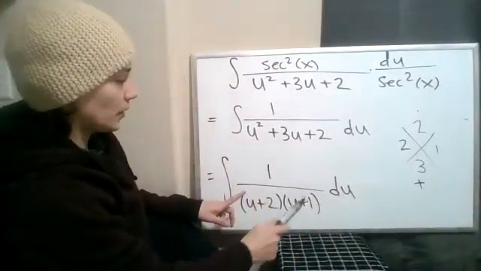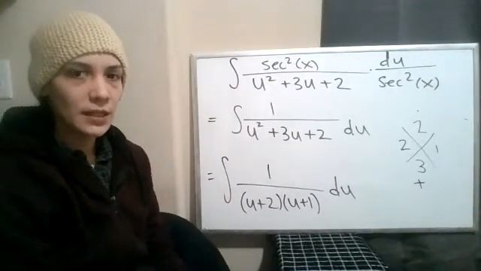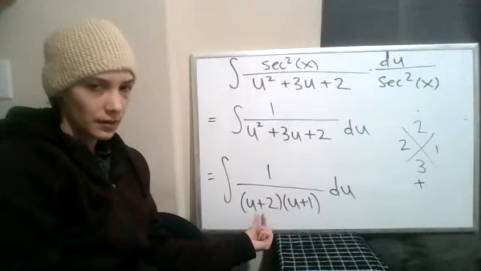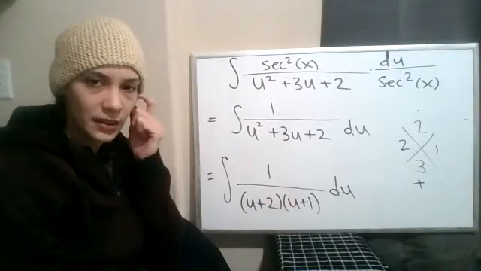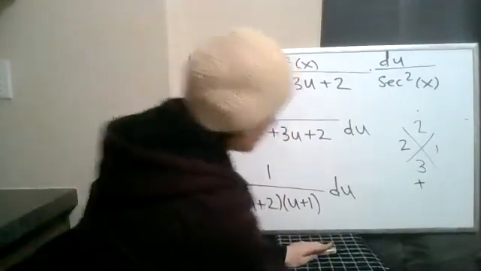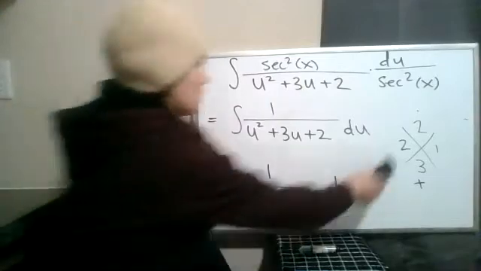So u squared plus 3u plus 2 factors as u plus 2 times u plus 1. Awesome. So we need a term for that factor, and then a term for that factor, and then we'll be able to integrate it once we figure out those terms.